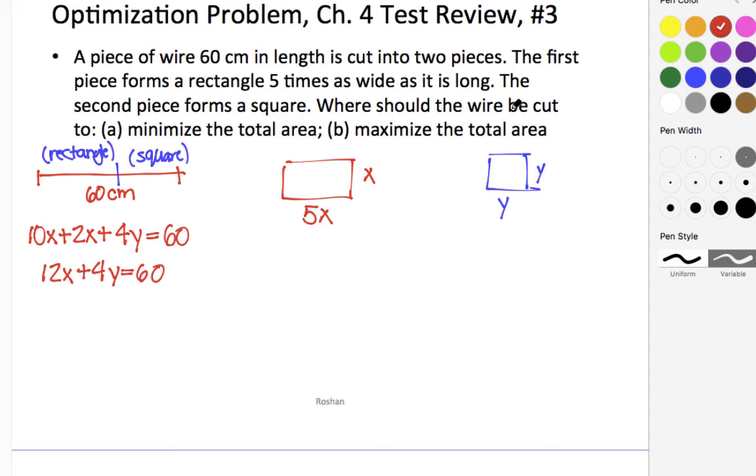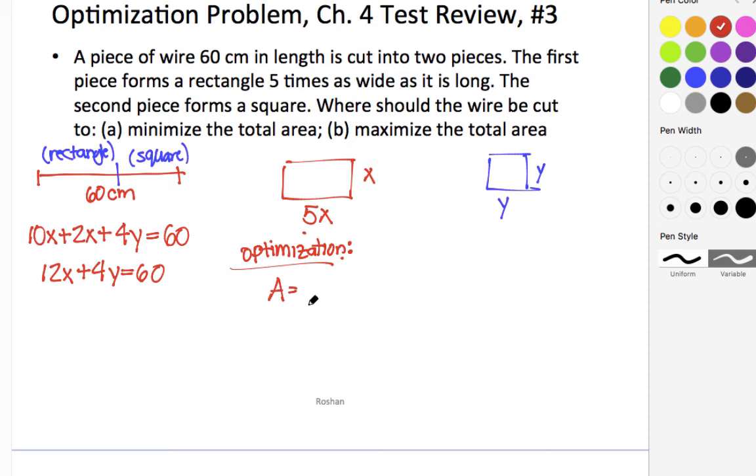And then I want to know how to minimize and maximize the total area. So I want to optimize, okay, the optimization part. You could have written minimize and then maximize A and B separately. The optimization is going to be on my area equation. Because I'm optimizing, this is what I'm taking the derivative of.